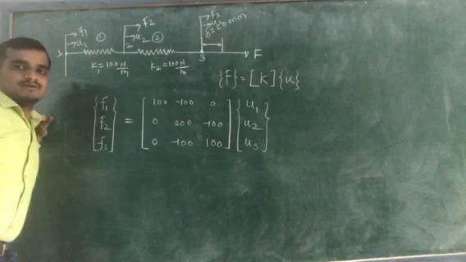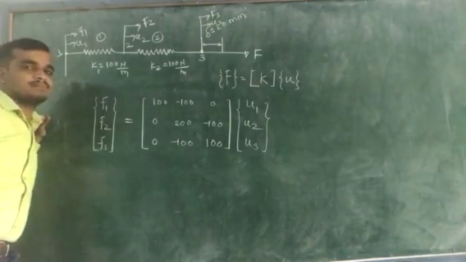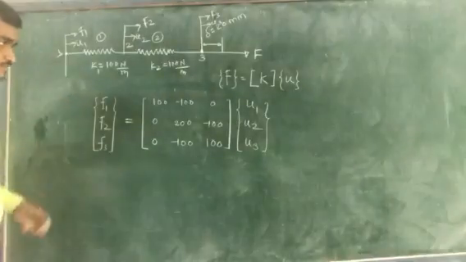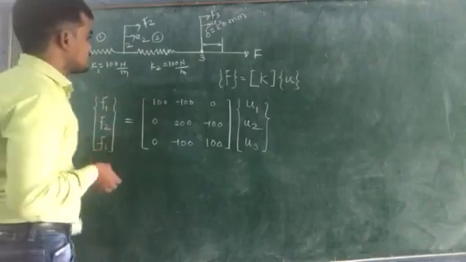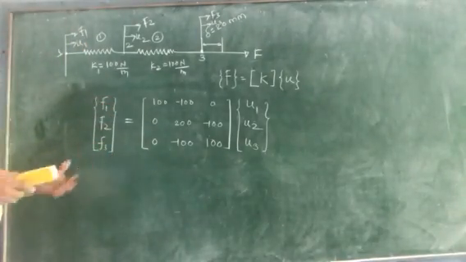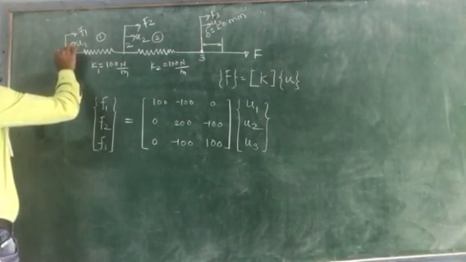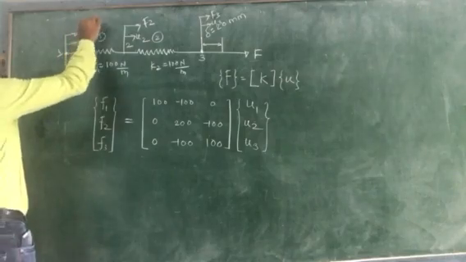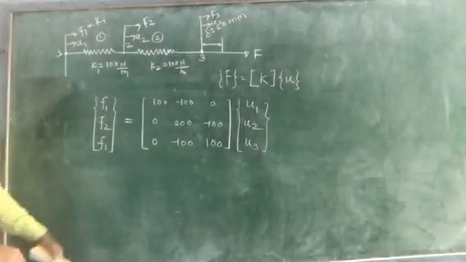Apply the boundary conditions. So now we need to apply the boundary conditions. How to apply them? First for nodal forces. For the first node, F1 is considered equal to reaction R1, which is an unknown value.